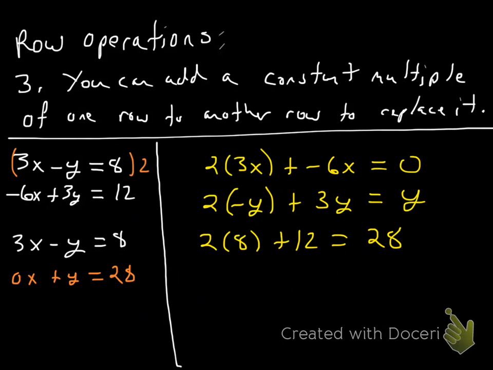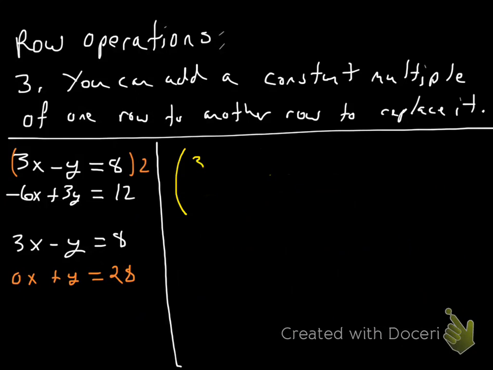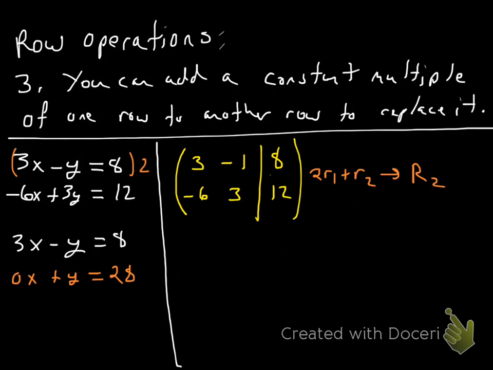Okay, so let's erase all this, and then we'll do our matrix example. The matrix example is going to work out very similarly. So we'll write our matrix in, but the notation's a little bit different. What we're going to do is take row 1, multiply it by 2, so there's where the 2r1 comes from. I'm going to add it to row 2, and that's going to become the new row 2.